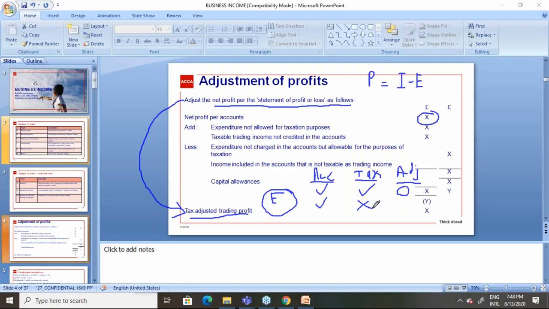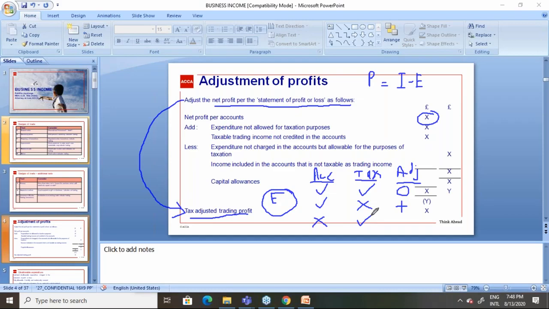In that case, you need to adjust it. How can you adjust it? This was deductible when calculating the accounting profit, but not deductible under taxation. Therefore, you have to reverse the deduction that you have made previously. To reverse something that you have deducted previously, you have to do the opposite. That is, you need to add it back. Likewise, there are certain expenditures not acceptable in accounting, but only allowed in taxation.